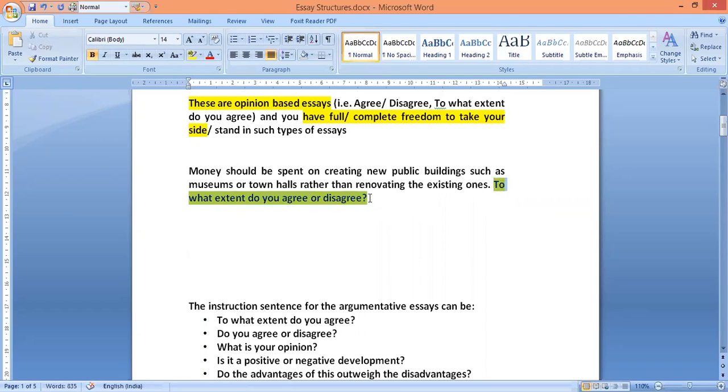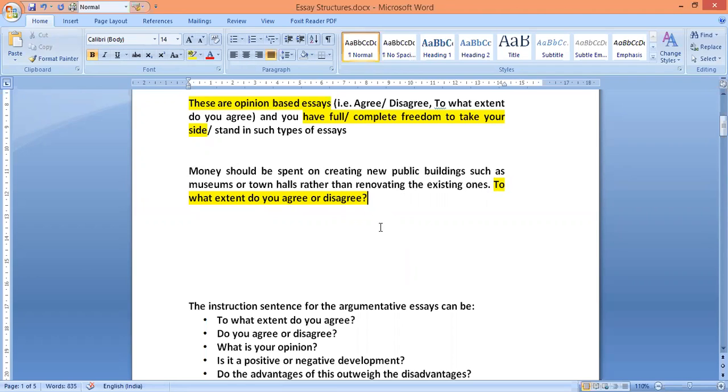Is anything stopping you from completely agreeing with this question in this type of essay? Because it's our choice, it's an individual choice. Yeah, the question is giving you the freedom. To what extent do you agree? You can say I completely agree, I completely disagree, I partially agree.